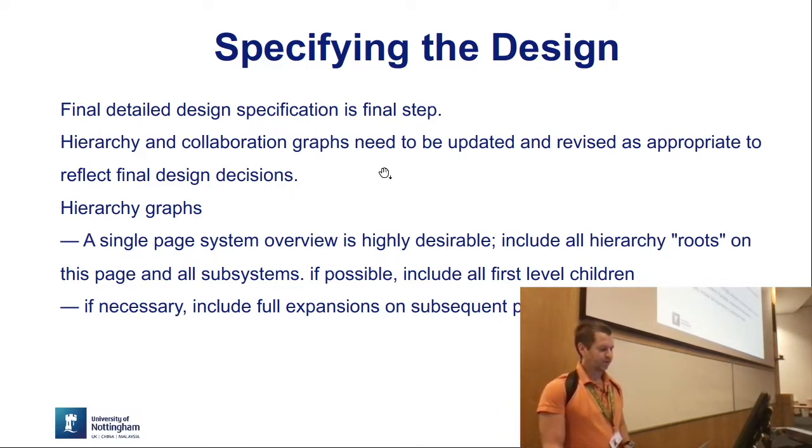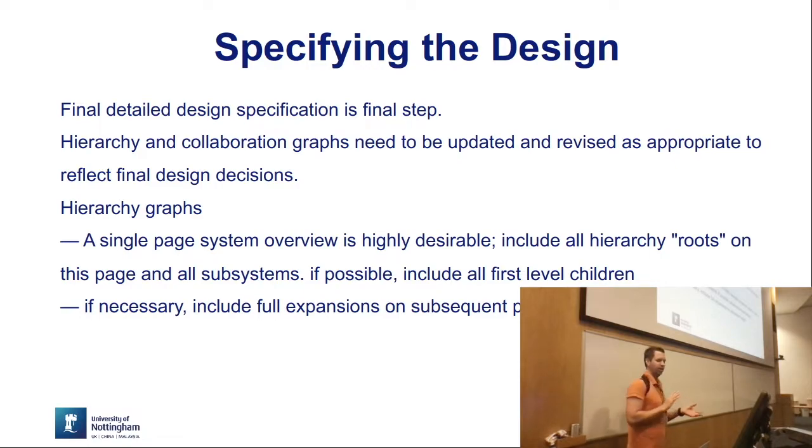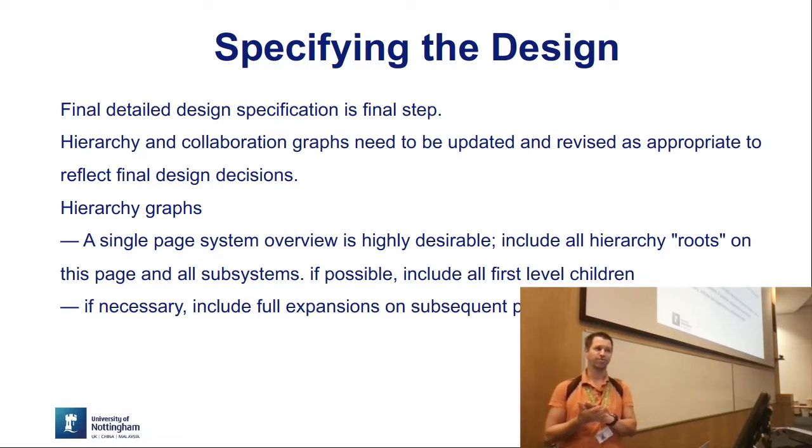So the result of defining these protocols might result in some alterations to the hierarchy and collaboration graphs, right? Because you've refined the responsibilities, and the responsibilities might have been updated. It would be nice to have a single page with the system overview, including the subsystems and hierarchy roots, as an overview diagram.